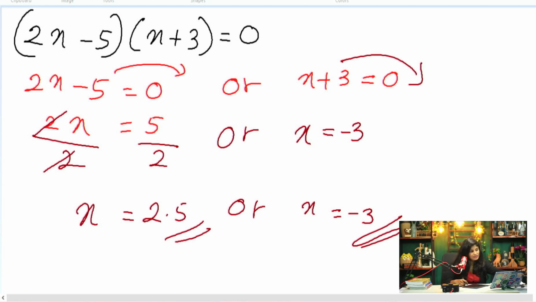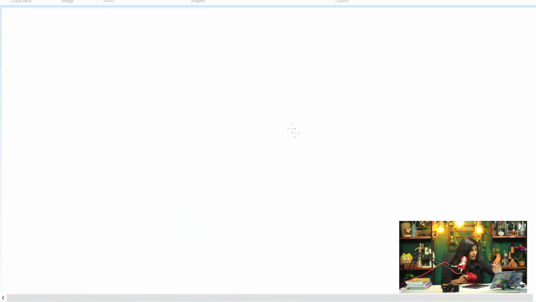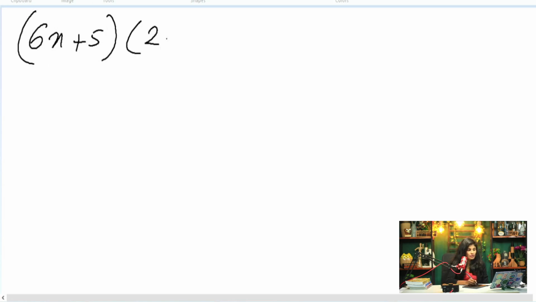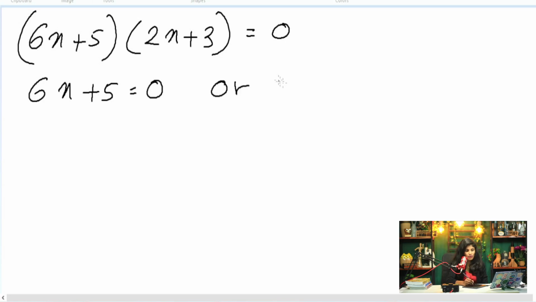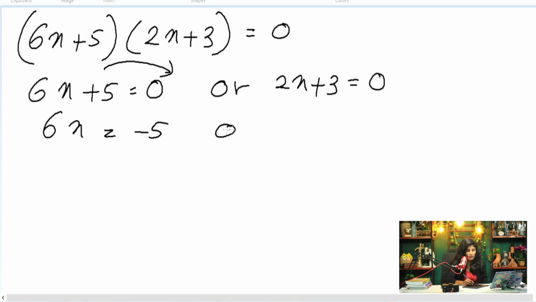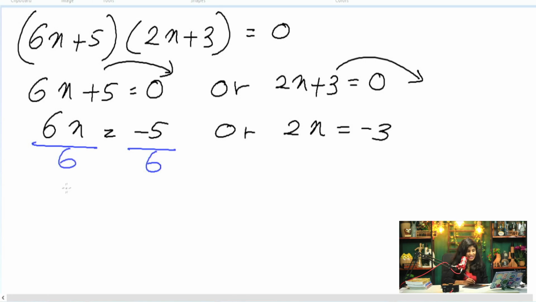Okay, moving to the next question: 6x plus 5 and 2x plus 3 equals 0. Again, 6x plus 5 equals 0 or 2x plus 3 equals 0. Taking 5 to the other side, 6x equals negative 5, or taking 3 to the other side, 2x equals negative 3. We want x, so divide both sides by 6, then x equals negative 5 over 6.